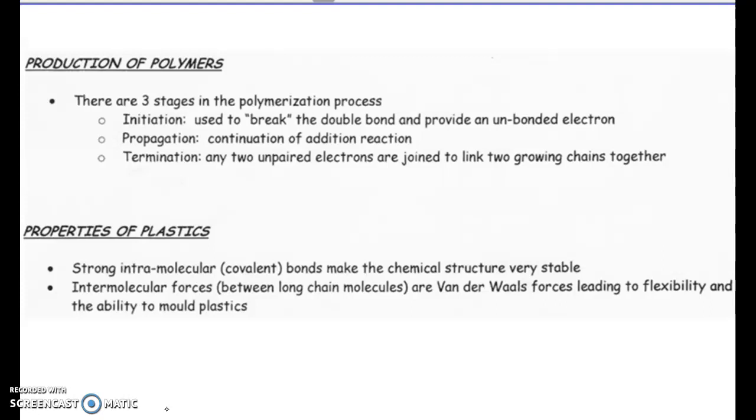So originally, first you need to begin the process of breaking the double bonds. Typically there has to be some sort of energy that is applied, or sometimes you will have a free radical electron that is added to get the chain going, to get all of those monomers to start breaking their bonds.